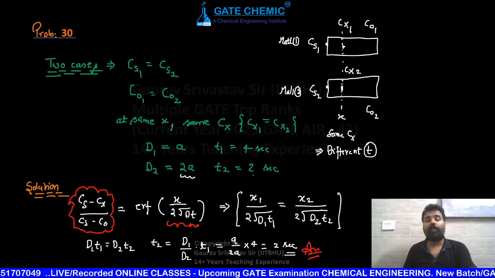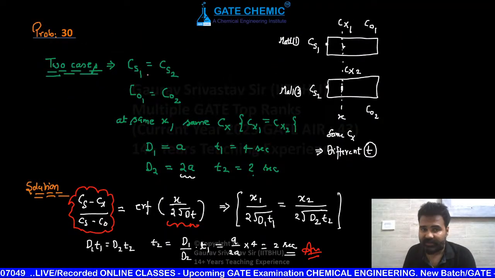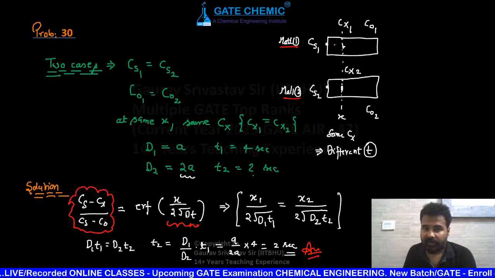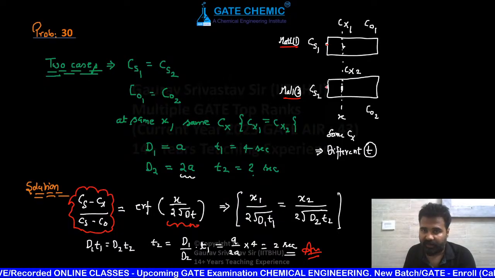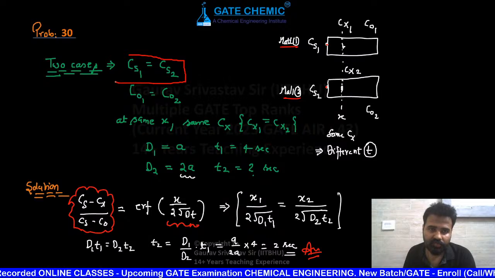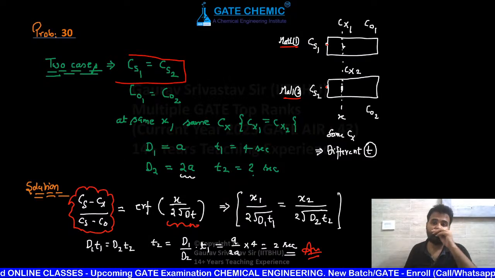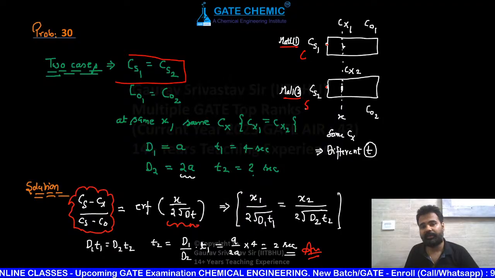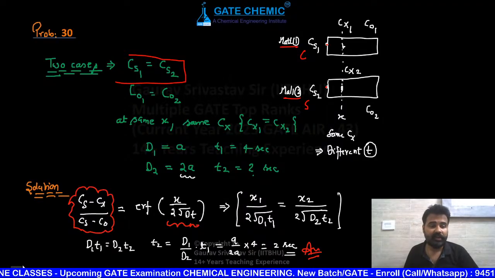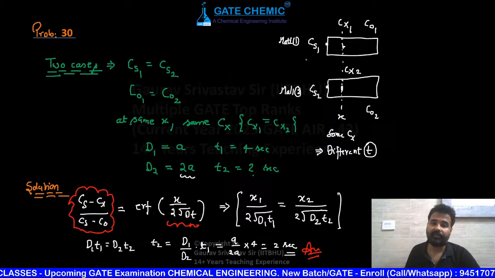See, beautiful problem. As I told you, two cases. Material 1, material 2. Surface concentration here CS1, here CS2, and CS1 equals CS2. Two different components, here suppose carbon, here maybe sulfur.